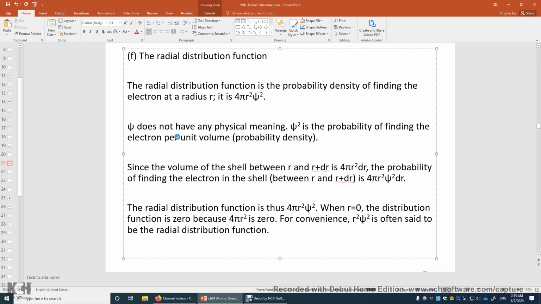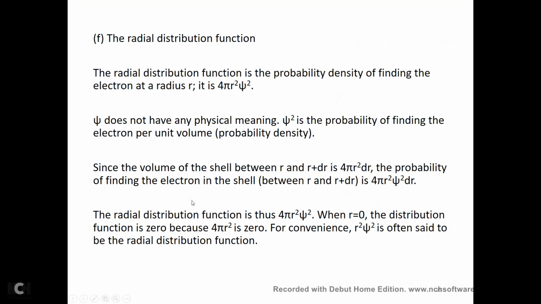All right, and then if we are looking at an atom or atomic orbital, the volume of the shell between radius r and r plus dr is 4 pi r squared times dr. You can prove this. This is the surface area of the sphere or the shell. This is the thickness of the shell.